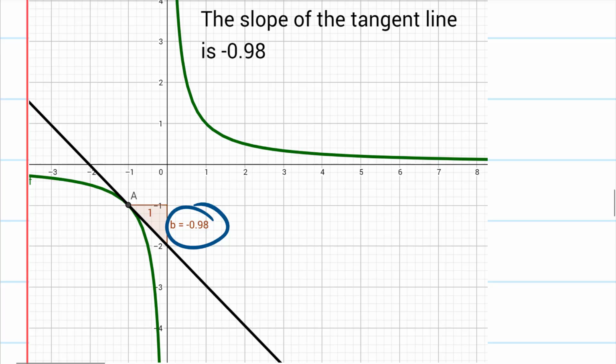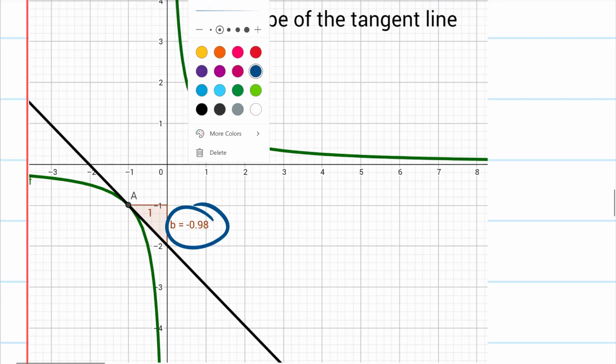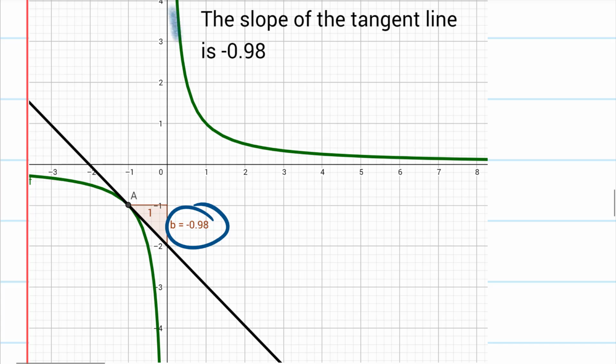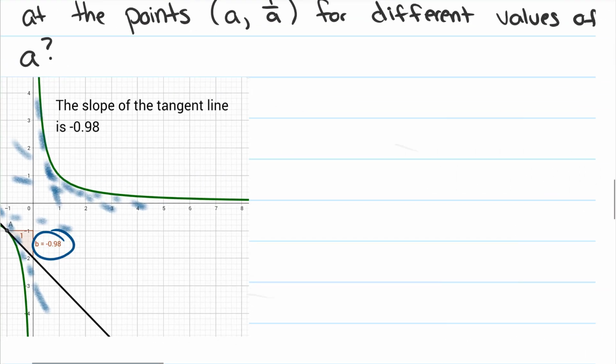But if I were to draw a tangent line here, the slope is different than the slope here and the slope here. It's also different than the slope here and the slope here. So what we now need to do is describe the behavior of the slope. So we're going to break it down into pieces.